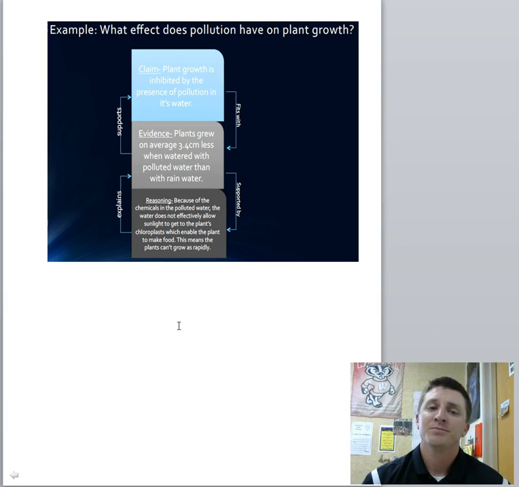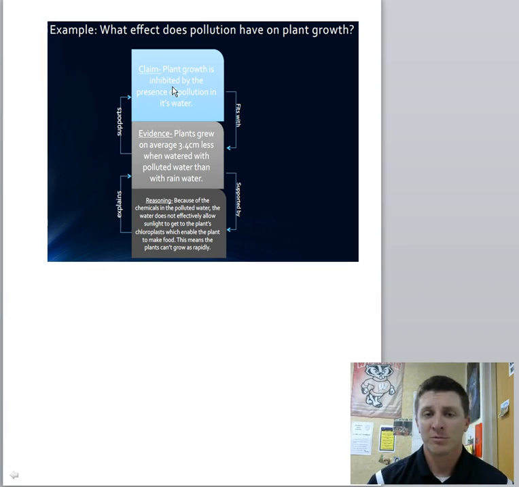Finally, an example. Here is an example problem and the evidence-based response that was given. As you can see, the problem is, what effect does pollution have on plant growth? And then here they give 3 levels, and they separate out claim, evidence, and reasoning. You can see that the claim is fairly simple.